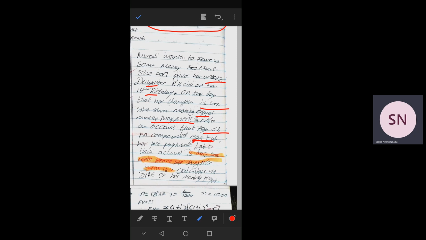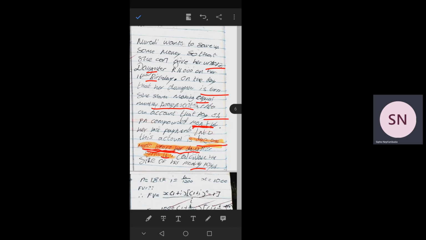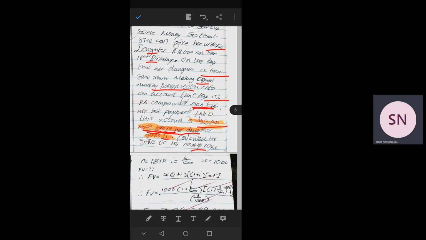Her last payment into this account is due 1 month before her daughter turns 16. Calculate the size of her monthly payment.